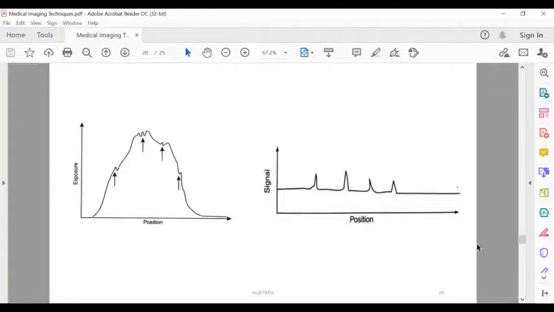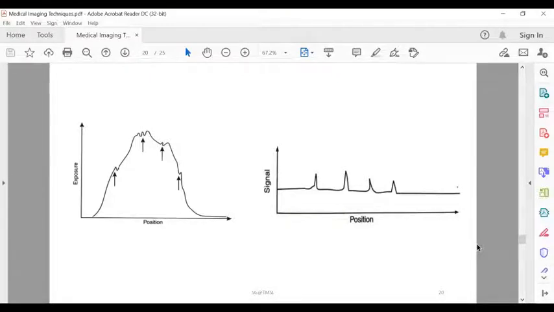So on the left hand side diagram, this is the transmitted X-ray intensity through the cross section of a patient, and the small contrast changes due to vessels are masked by a large anatomical background contrast.